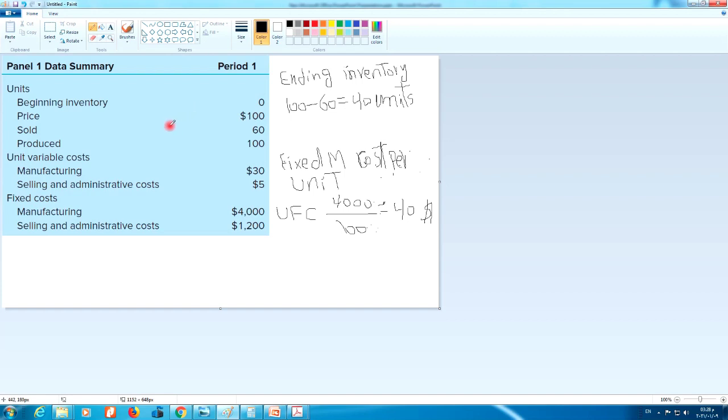You should first calculate the fixed manufacturing cost per unit, which equals budgeted fixed manufacturing cost 4,000 divided by total production units 100. 4,000 divided by 100, so fixed manufacturing cost per unit equals 40.